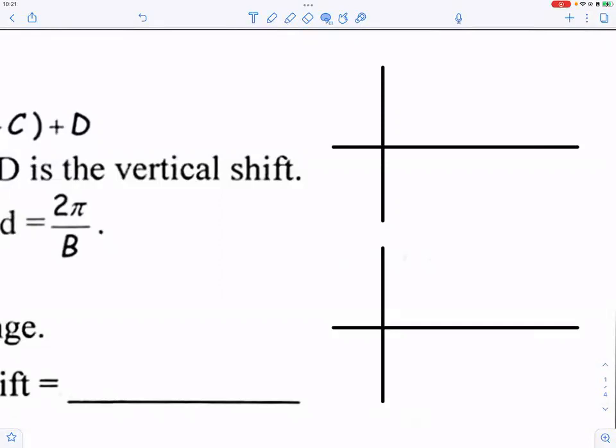Could you also indicate the period and also the y-axis values? When you sketch your sine x graph and cosine x graph, try to indicate your x values and y values.